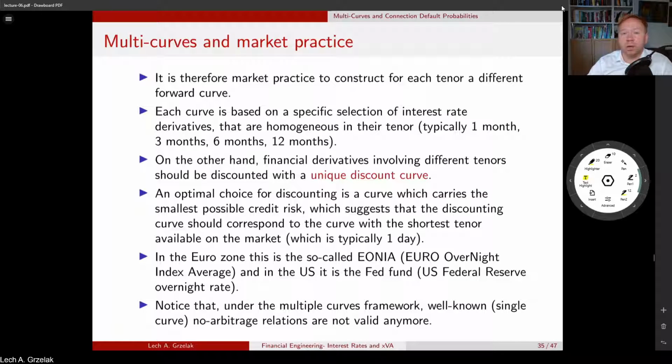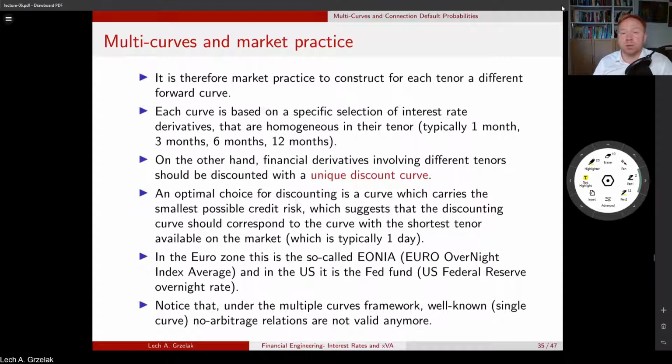Since we already have argued about the reasons behind the construction of multi-curves, the curves for different tenor structures, we still have to agree about discounting, because as you can imagine, we still have to discount every future cash flow. So even if we have a cash flow which is based on, let's say, 6-month, 3-month, 9-month, 12-month tenor, we still have to discount those future cash flows.